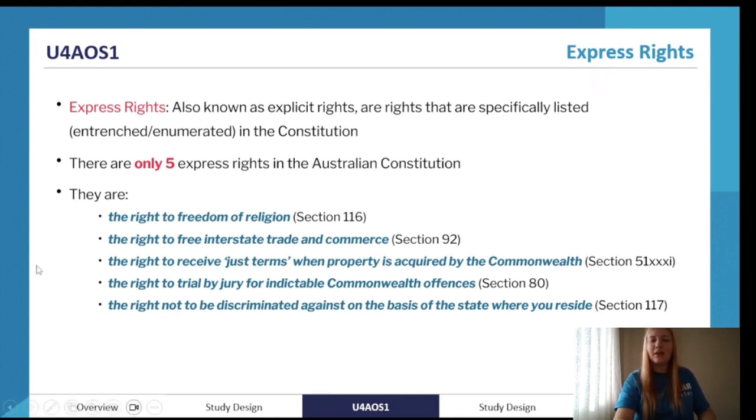So the right not to be discriminated against on the basis of the state where you reside is our last one, section 117. Easy to remember because it just follows on from section 116. Essentially, residents of other states cannot be discriminated against, whether that's verbal, or if you're trying to move and no one wants to hire you for work, or give you a contract for a tenancy, or they try to make things more expensive for you.